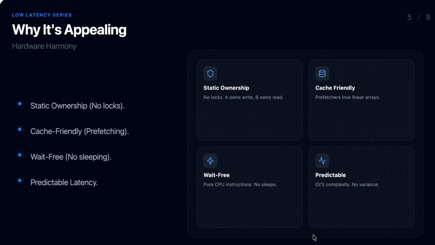Secondly, the underlying data structure is a fixed size ring buffer, as we discussed already, which is physically contiguous in memory. That gives you good cache locality and a predictable memory access pattern, which modern CPUs handle very efficiently. The key point is that SPSC queues are appealing not because they are clever, but because they remove unnecessary sources of unpredictability from the system.